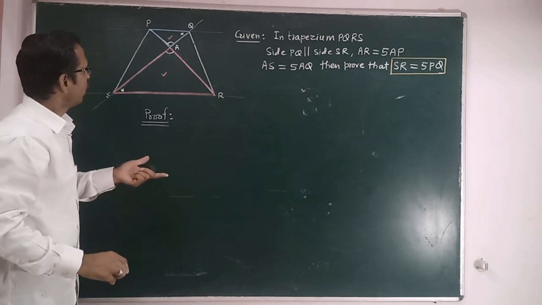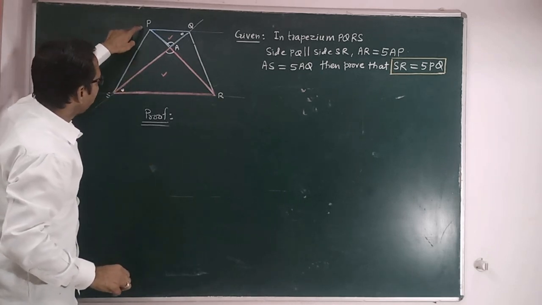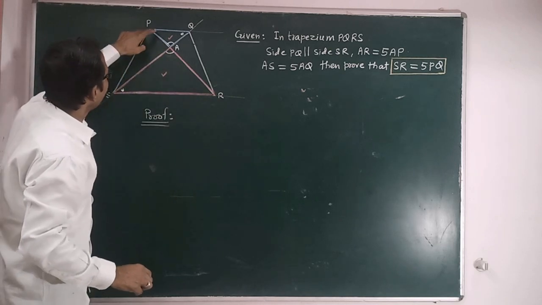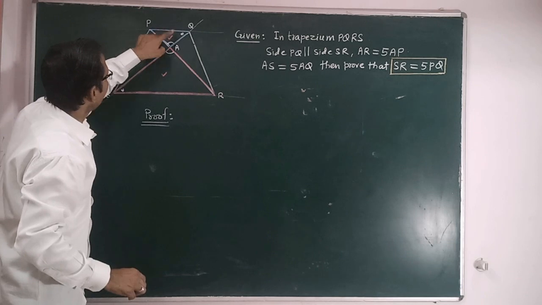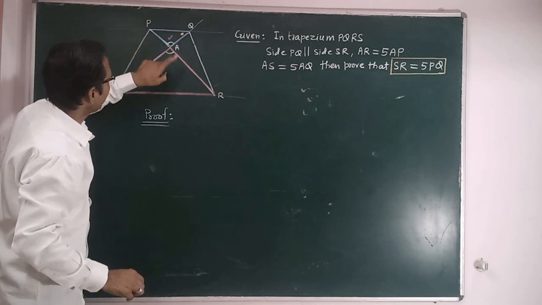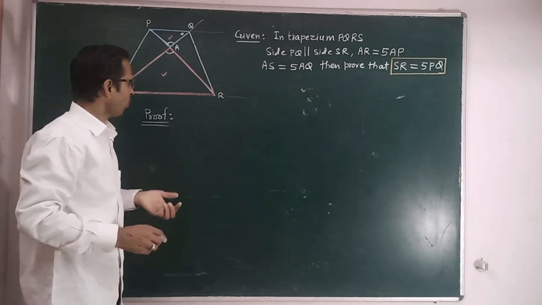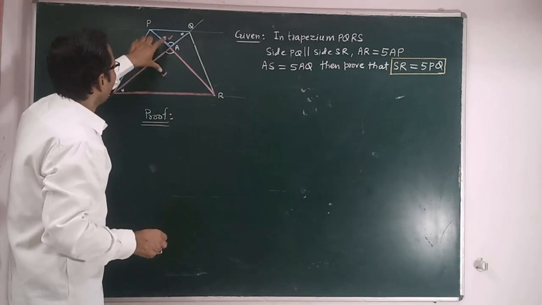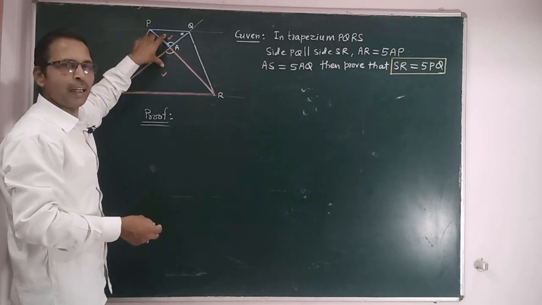Or some of the students take these two parallel lines and PR as a transversal, then they can show angle P, that is QPA, is congruent with ARS. It is also correct. And now using this test, this test is AA test.